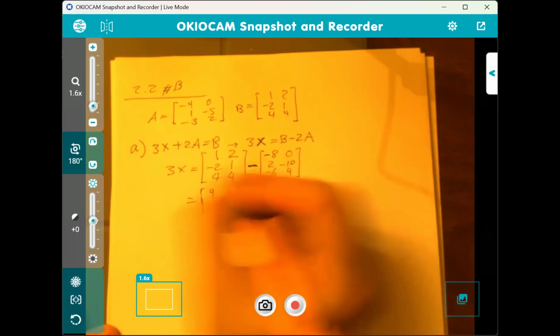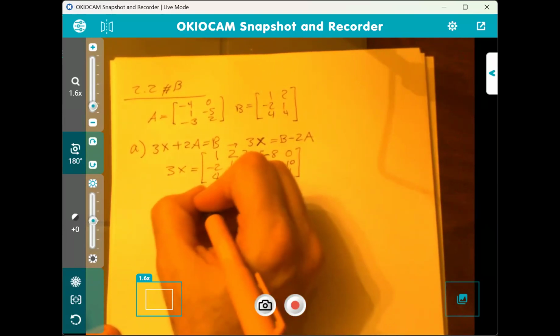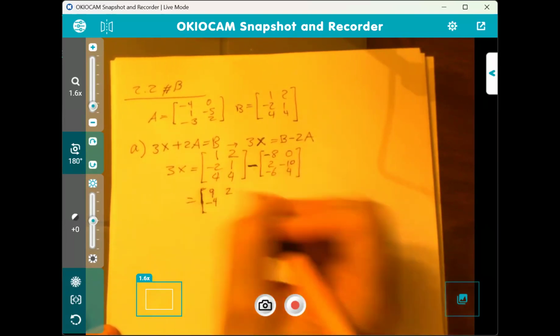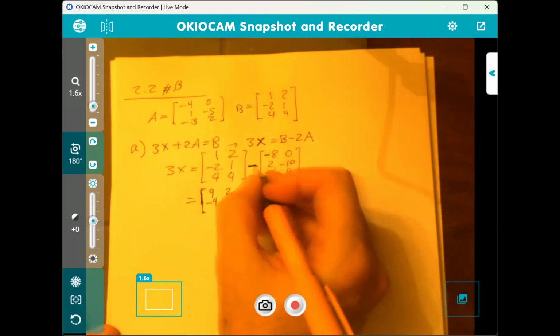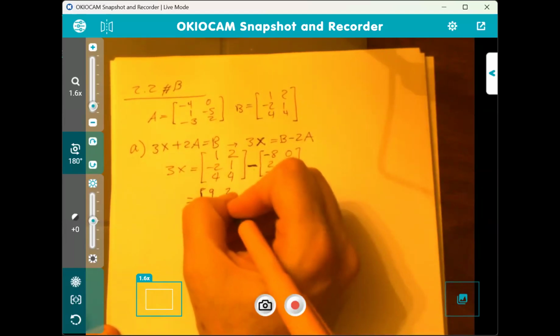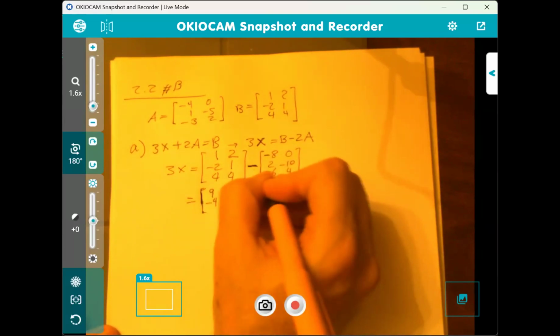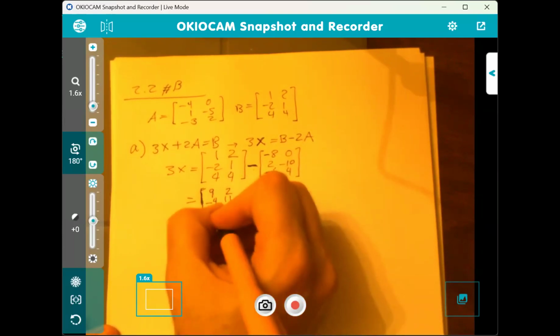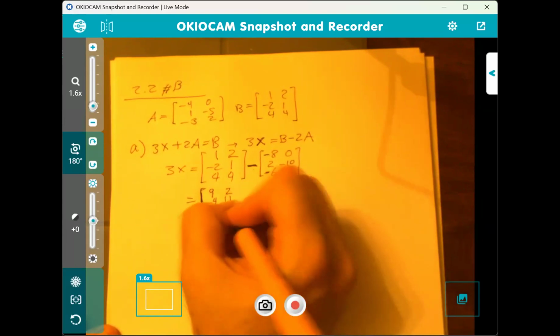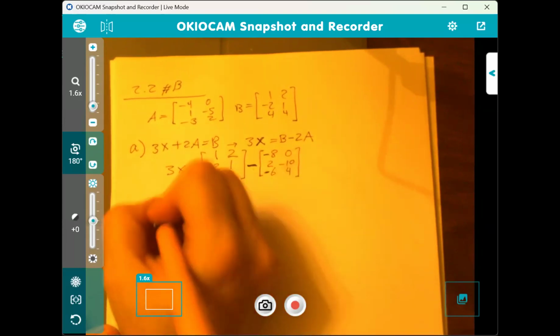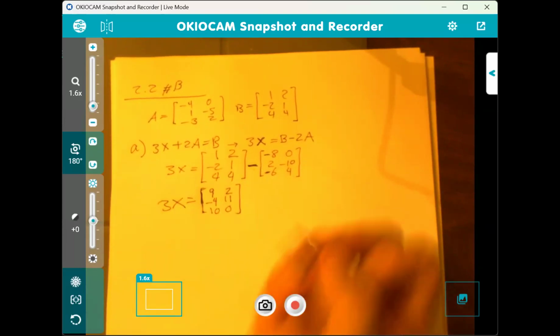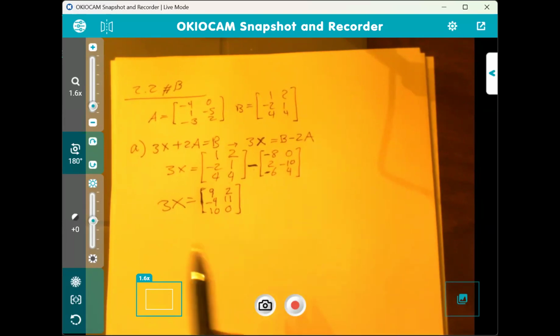Negative 2 minus 2 is negative 4. Then 1, negative, negative, positive, so that makes it 11. 4 negative, is positive, so that's 10. 4 negative 4 is 0. That's going to be 3 times matrix X. That's what we got for part A.